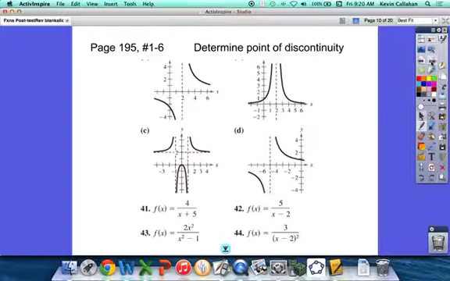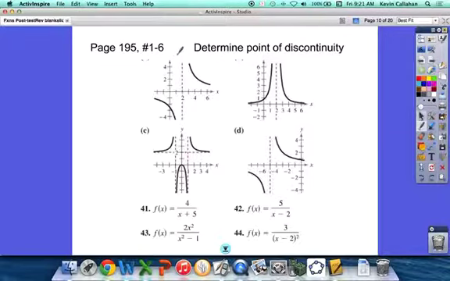If we look at, for example, one that's clean, like this one right here, it's going to have a point of discontinuity at -5, because if you plugged in -5, you'd be dividing by 0. This one would have a point of discontinuity at 2. It would have a vertical asymptote, x equals 2, like right there. I think that's actually this one right here. But they're saying find point of discontinuity.